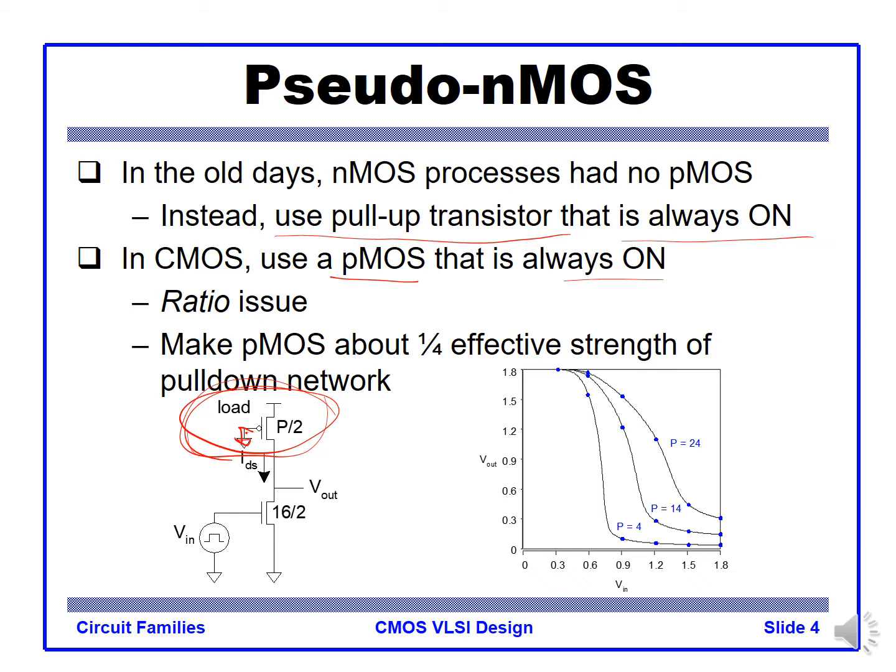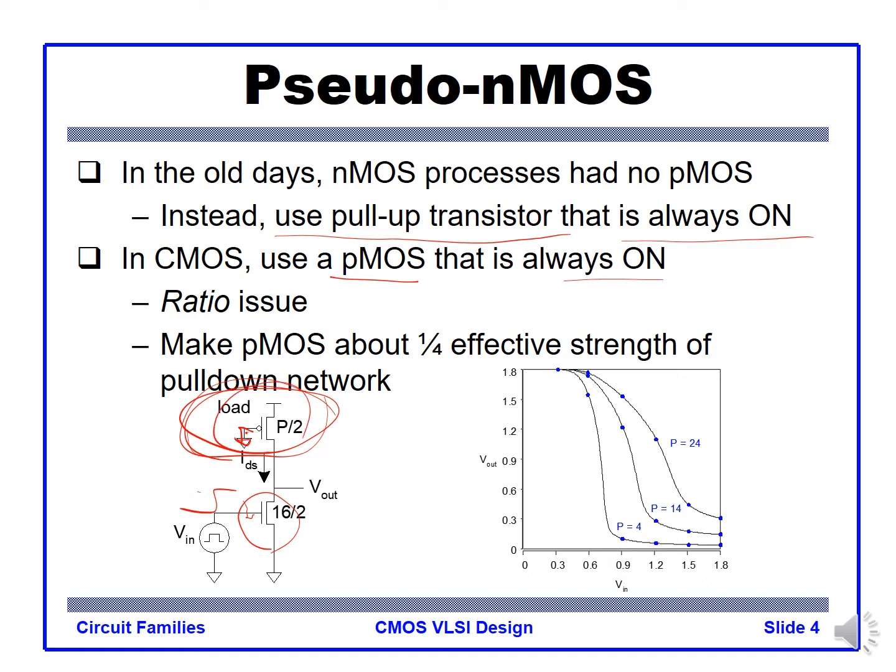For this kind of circuit, when the input is low, the NMOS is off, and pull-up is possible through the PMOS. But when the input goes high, the pull-down transistor is on. At the same time, the PMOS is always on.